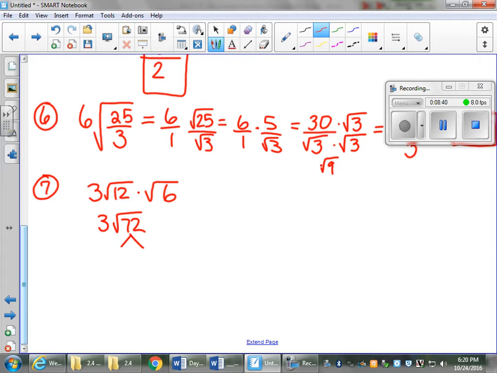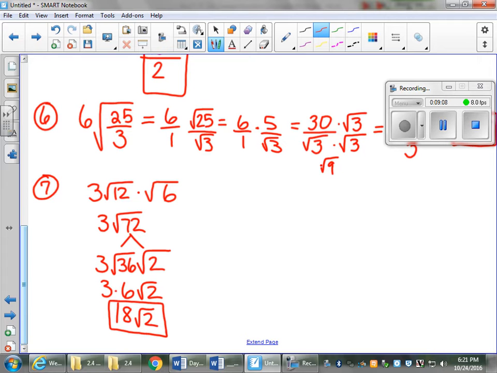So you're going to look at your list of perfect squares and find the largest one that goes into 72. I'm going to pause while you guys find that and then check your answer. It's going to be 36, and it goes in 2 times. This will become 3 times 6 radical 2, because that 3 was being multiplied by the radical. And then you're going to get 18 radical 2.